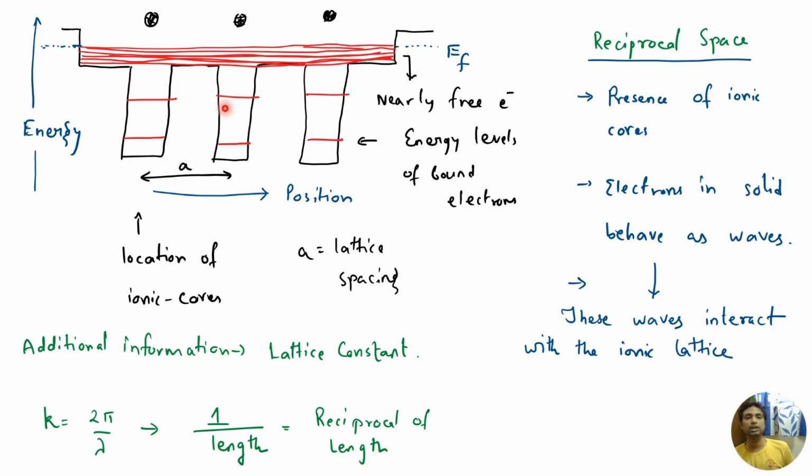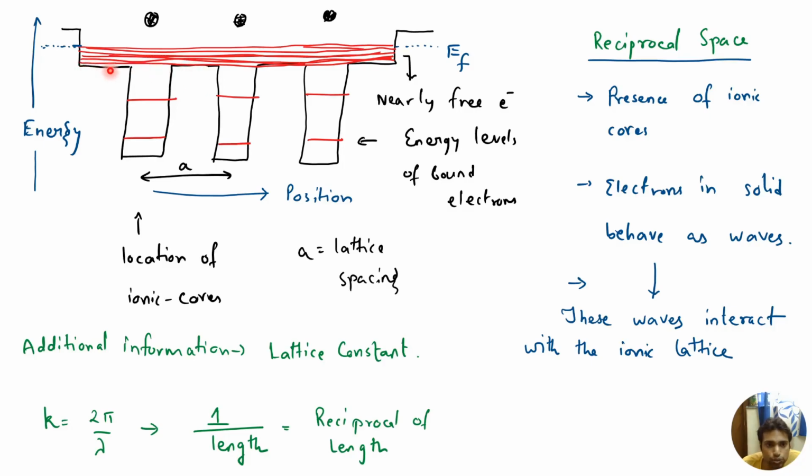a model we had built to understand how the ionic lattice can be modeled, and we have seen that these wells can be thought of as the ionic cores, the location of the ionic cores, and they are separated by some distance, that is called a lattice spacing.